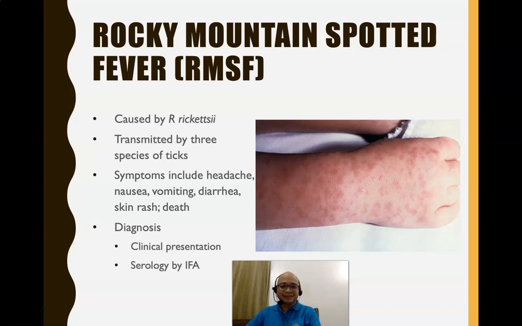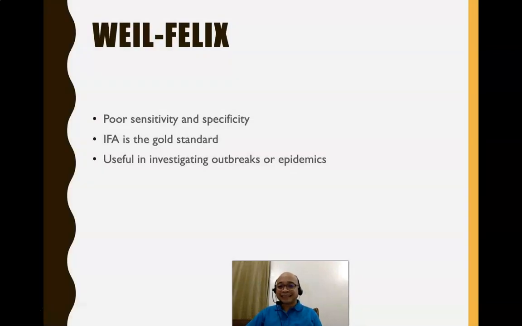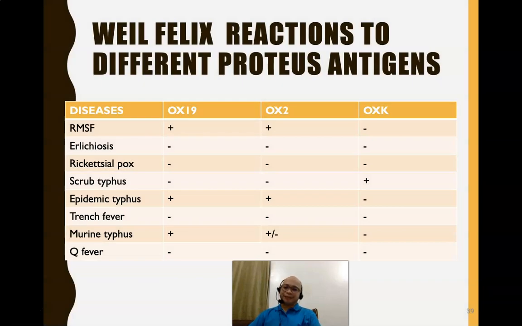It doesn't mention the Weil-Felix test here, because the Weil-Felix test has poor sensitivity and specificity. That's why indirect immunofluorescent assay is considered the gold standard, although the Weil-Felix test may be useful in investigating outbreaks or epidemics.